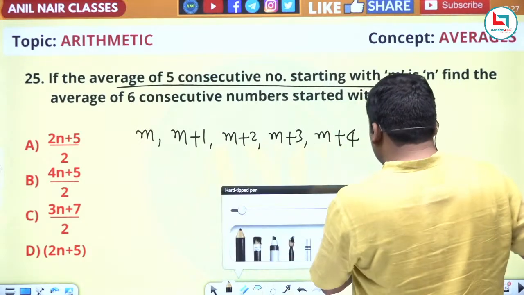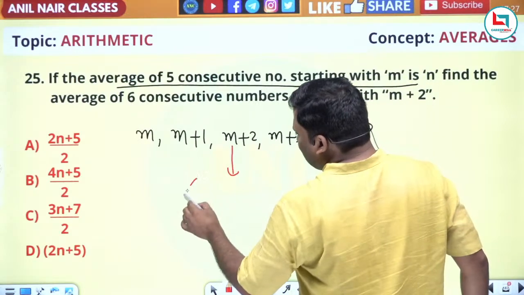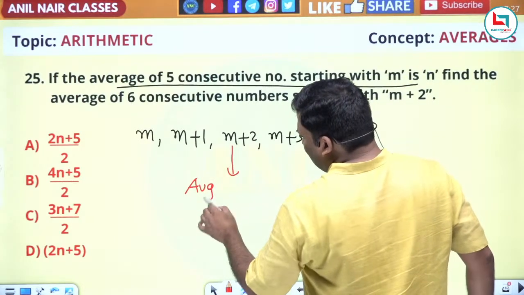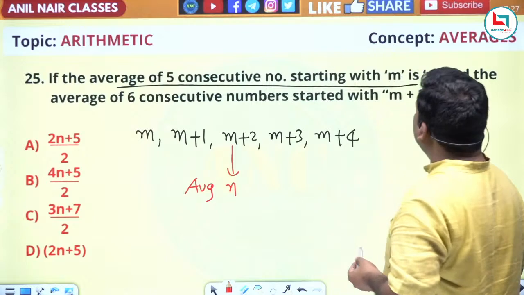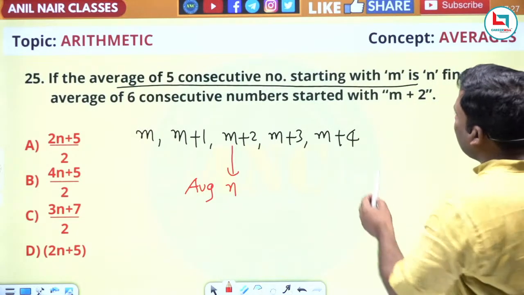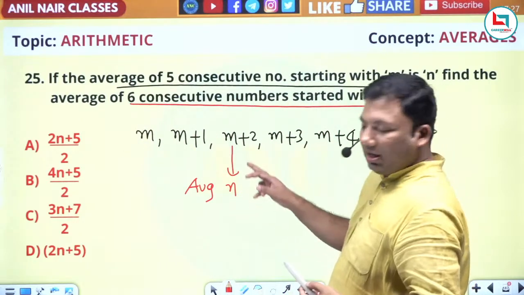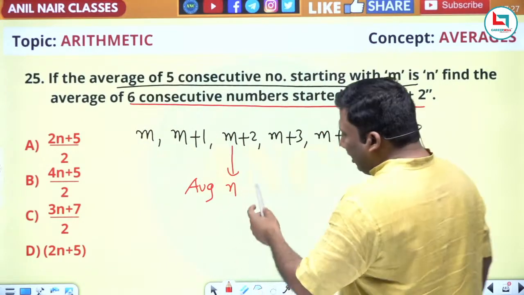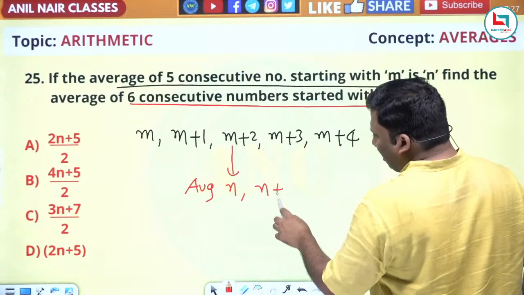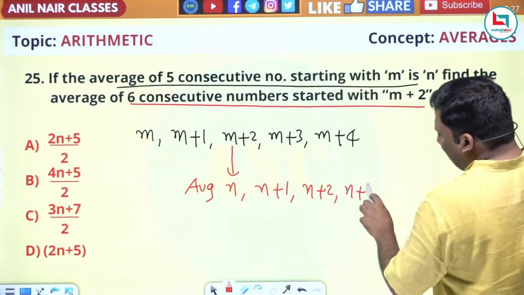Average is the middle value. 2 to the left, 2 to the right. That means this is the average. This is n. Okay. Find the average of 6 consecutive numbers starting with m plus 2. M plus 2 is n. I need to find out 6 consecutive. 6 means 3 to the left, 3 to the right.